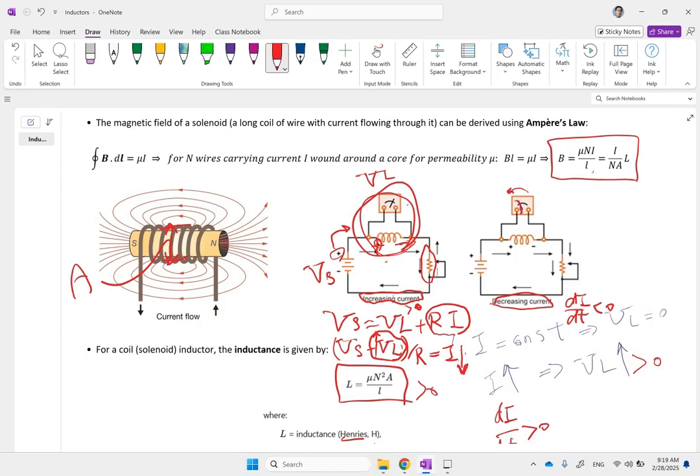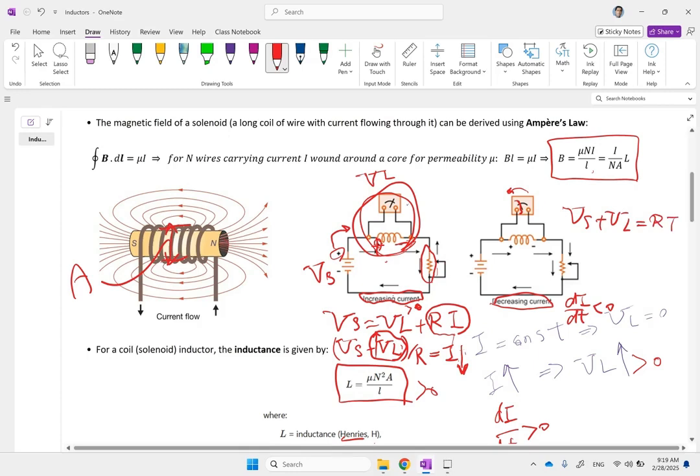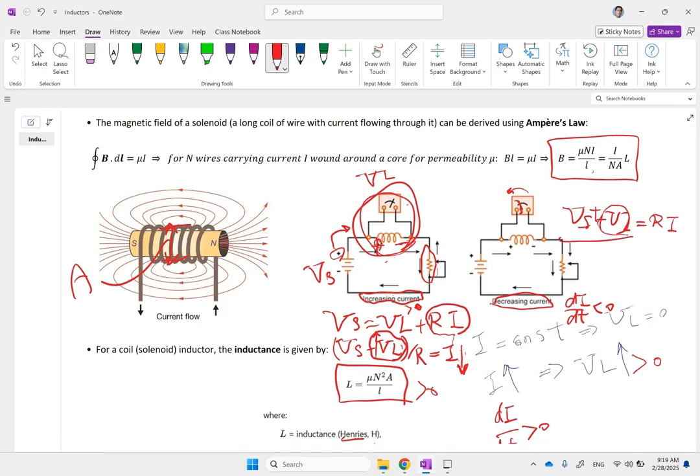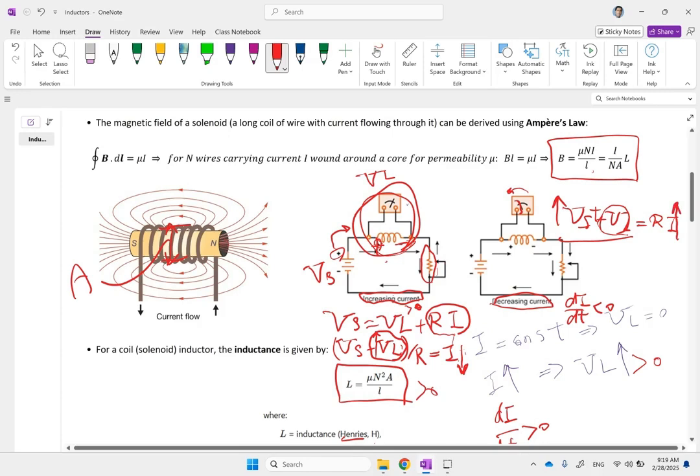Look, you see, it's to the left side instead of to the right. So in this case, you will get Vs plus VL equals Ri. And because you're adding something to the source voltage, your total effective voltage is going to go up, and so that means the current is going to go up. So you try to bring it down, but the inductor is trying to force it back up again to go back to whatever it was.